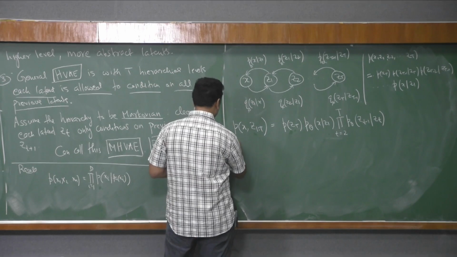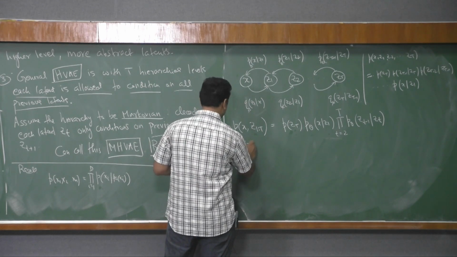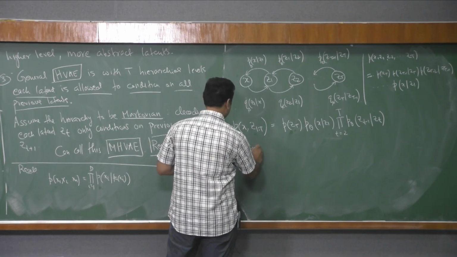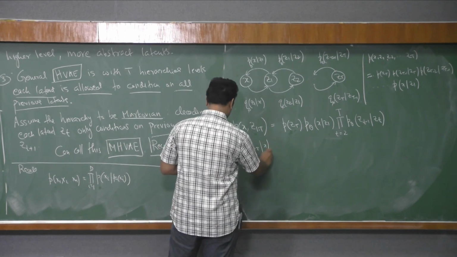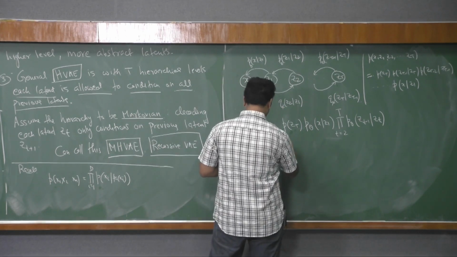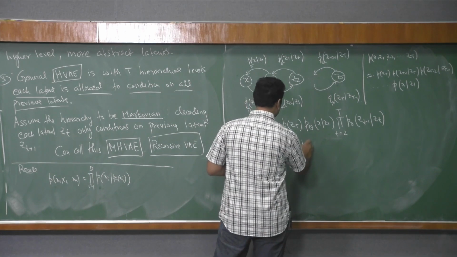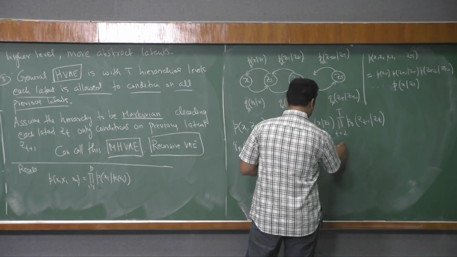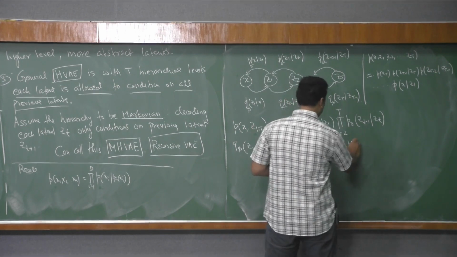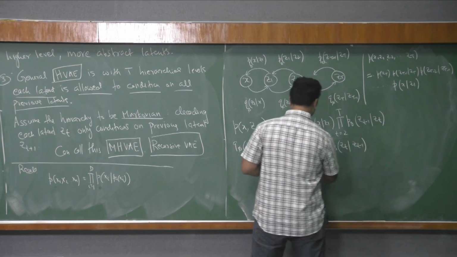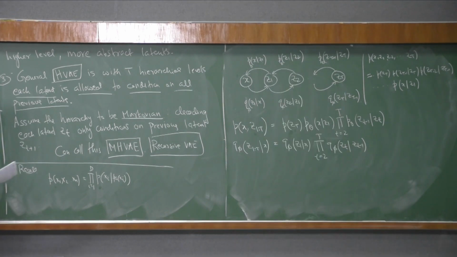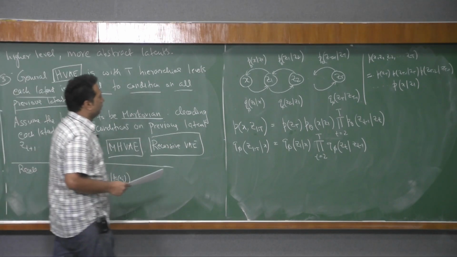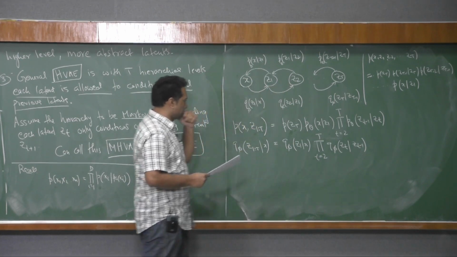So q phi of z1 to t given x is q phi z1 given x, and then the product of q phi zt given zt minus 1, for t equals 2 to t. Same way we have done the q phi, now it goes in a forward way. So x, z1, z2, zt.